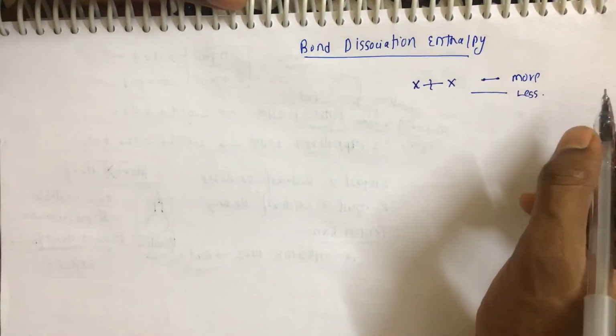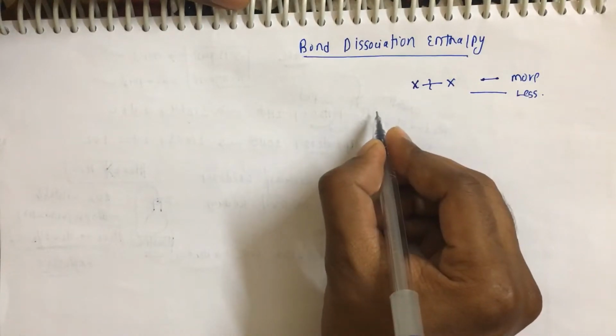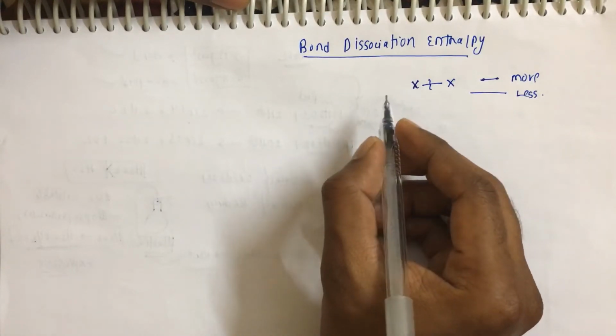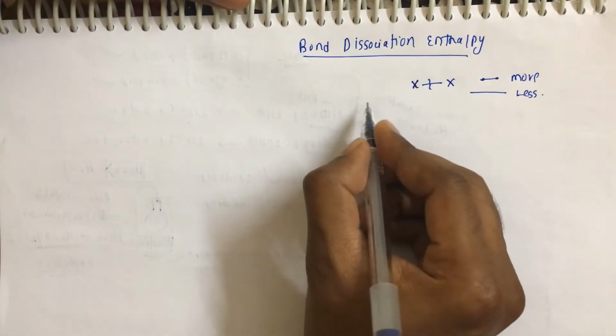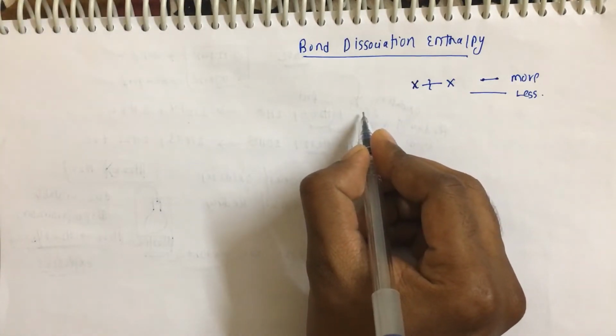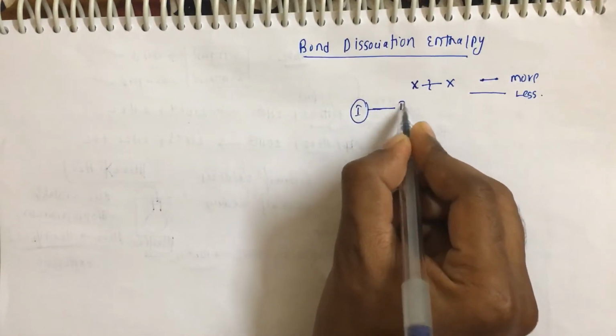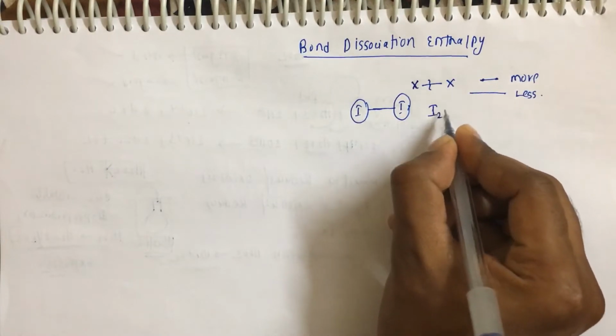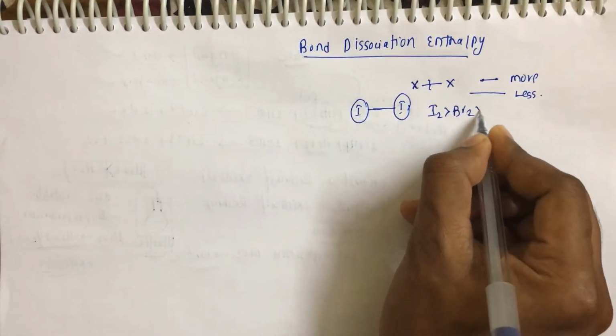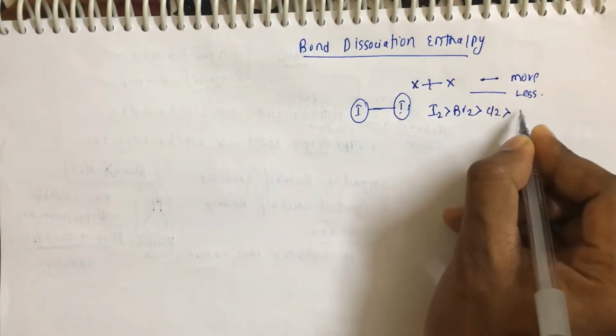Now if we see the bond length order, you know that iodine is bigger in size, so the bond length will be more. So the bond length order will be I2, then Br2, then Cl2, and then F2.